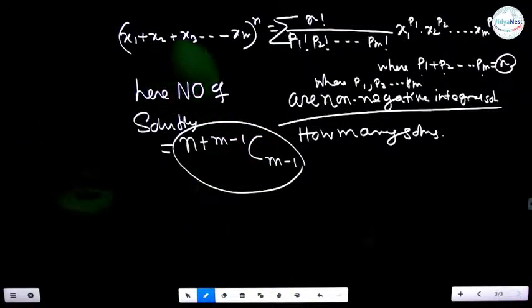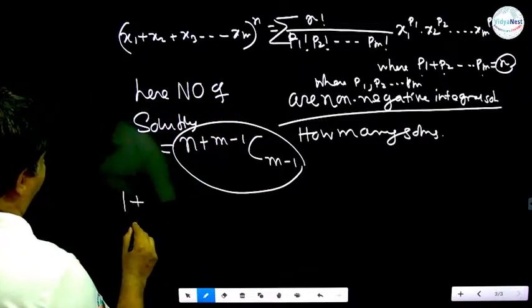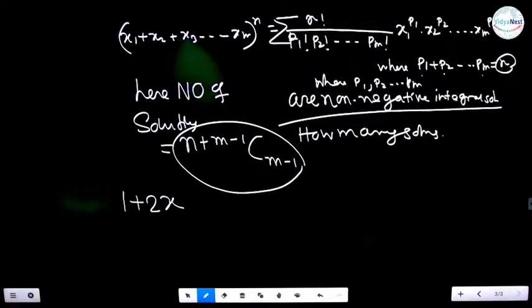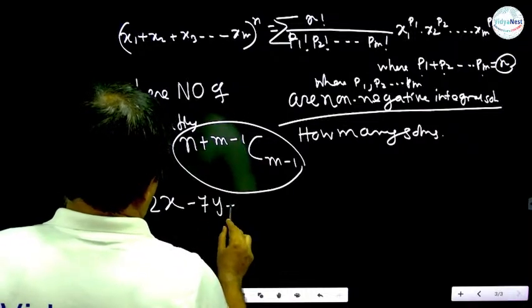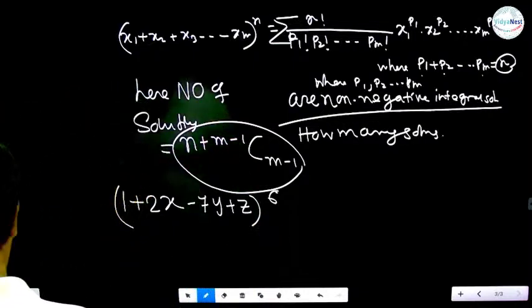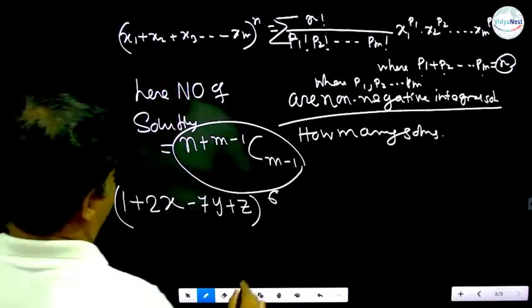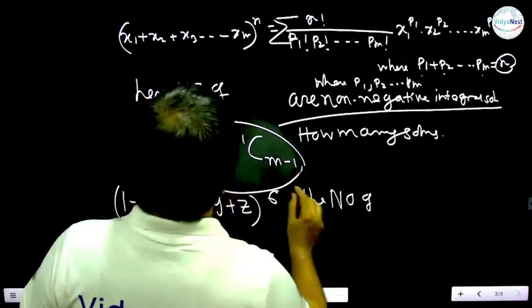Suppose there is an expansion given, 1 plus 2x minus 7y plus z whole to the power 6. The number of terms, here how many terms?